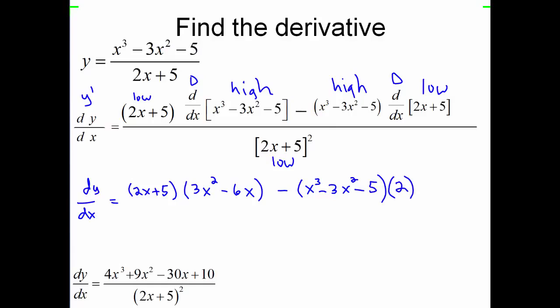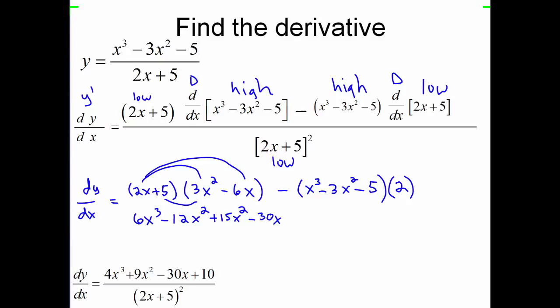Alright, so let's multiply over here. So this gives us 6x to the third. Multiply over here, that gives us negative 12x squared. Multiply here, that's going to give us a positive 15x squared. Then multiply here, that gives us negative 30x.